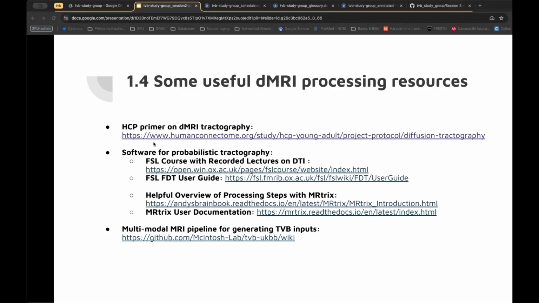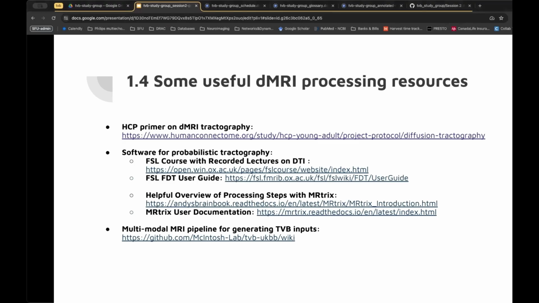FSL offers, as you may all know, really nice courses and materials on essentially their whole package, and that includes the diffusion MRI processing. I would encourage you to go have a look at that. There's a lot of good background info there. MRTrix offers a fairly healthy set of documents for supporting you through if you choose to use MRTrix for tractography. And here I've dropped our own repository for our multimodal pipeline for TVB.